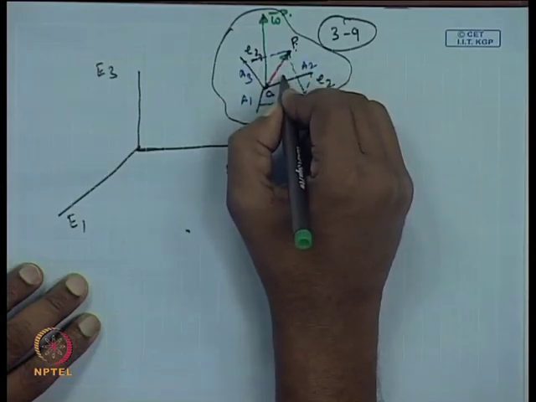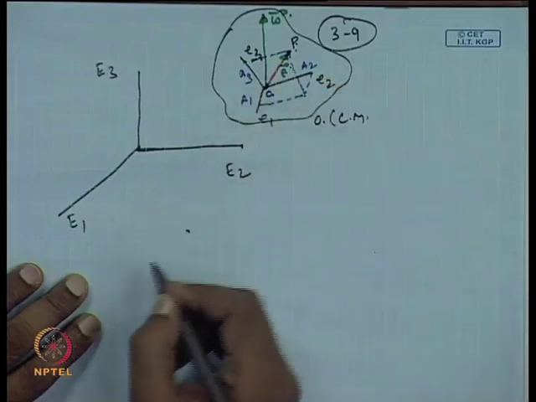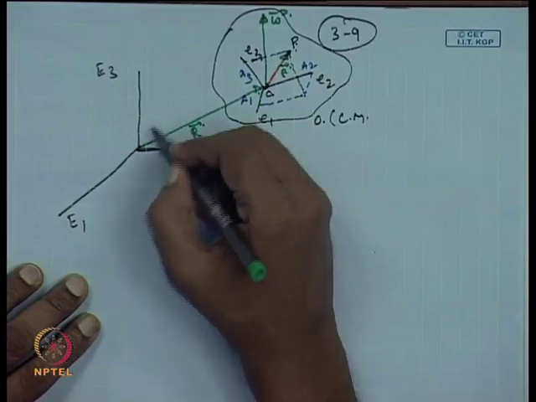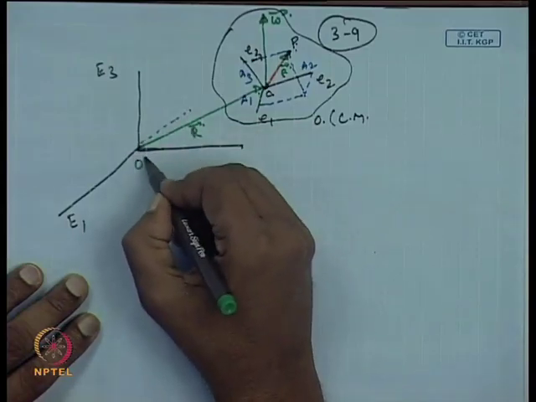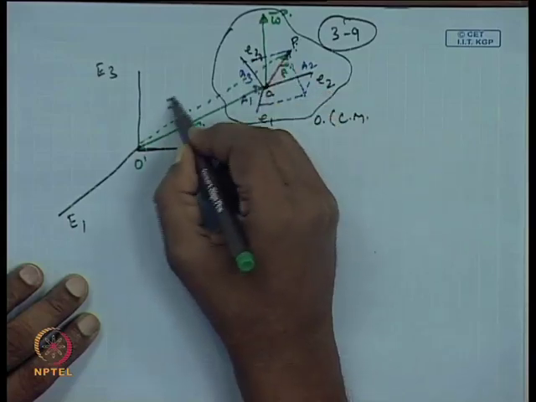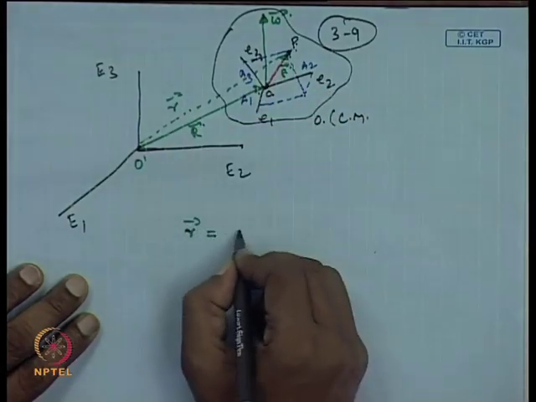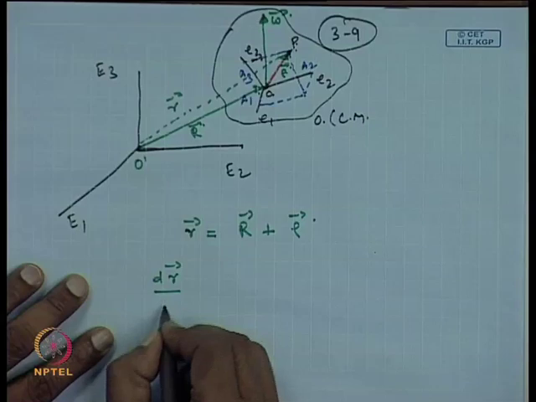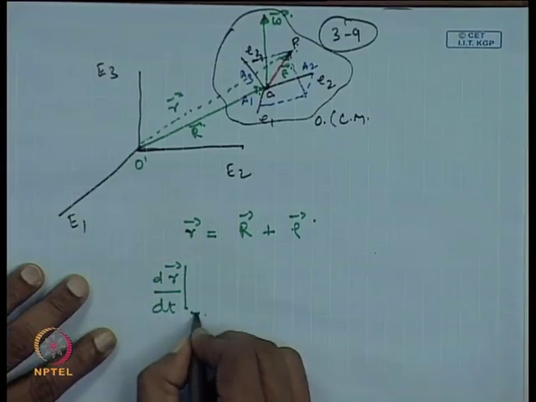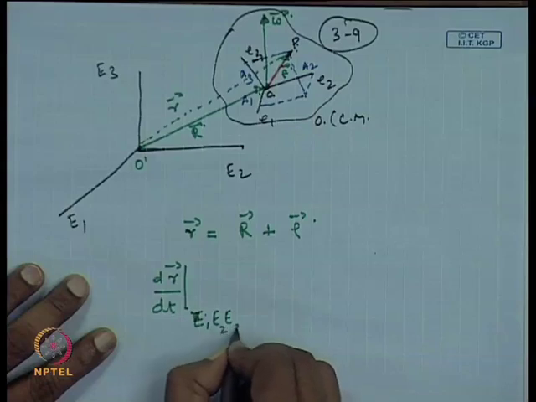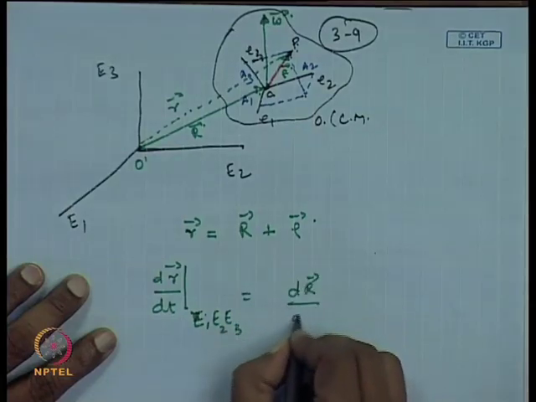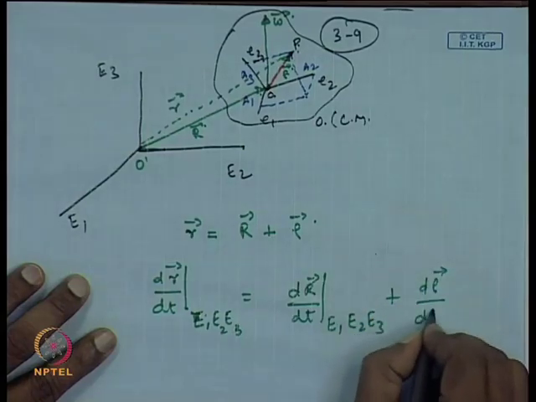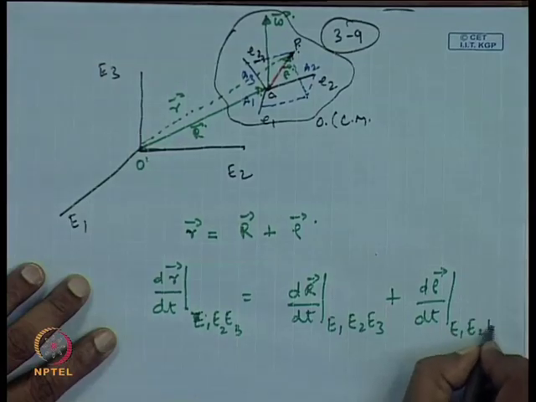Now, instead of writing this as A, we write this as rho, and the vector from this place to this place we write as r, and the vector joining the point O prime and the point P, we write as R. So, obviously, we can write R equal to r plus rho, and therefore the rate of change of this in the E1, E2, E3 reference frame can be written as dr by dt with respect to E1, E2, E3 plus d rho by dt with respect to E1, E2, E3.